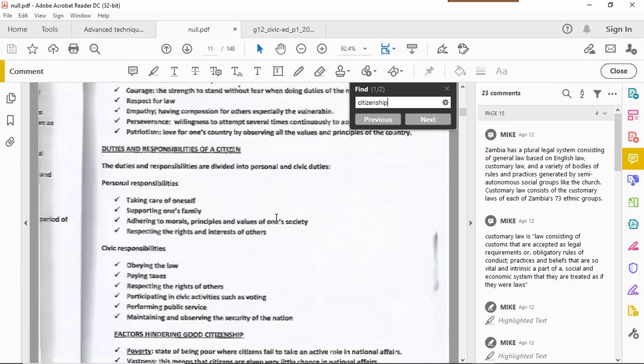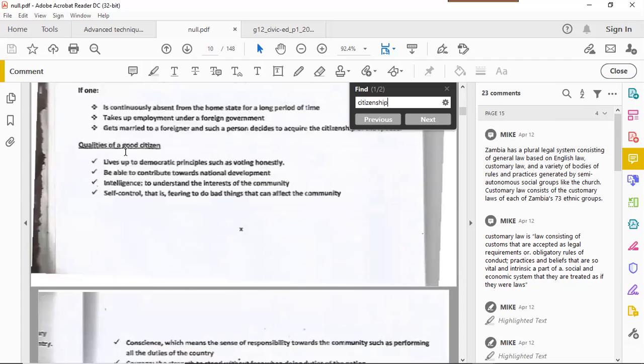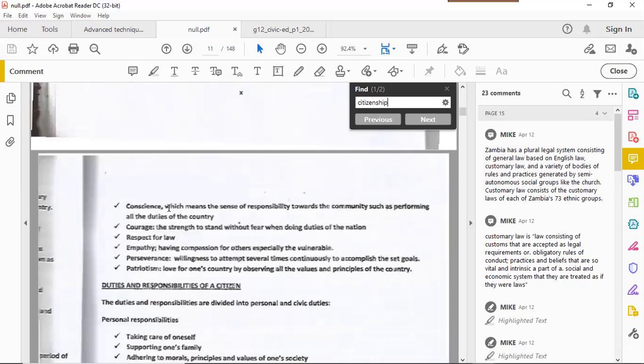So this falls under these things, civil responsibilities of obeying the law, paying taxes, respecting the rights of others. Here we are, qualities of a good citizen. So this up to intelligence, self-control, conscious, which means the sense of responsibility towards the community, such as performing all duties of the country.